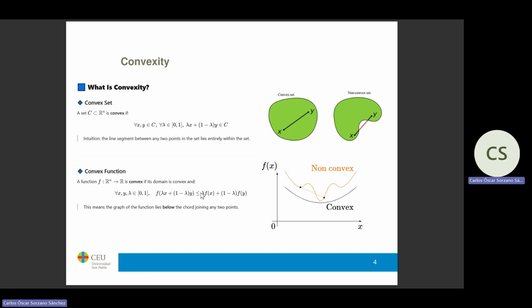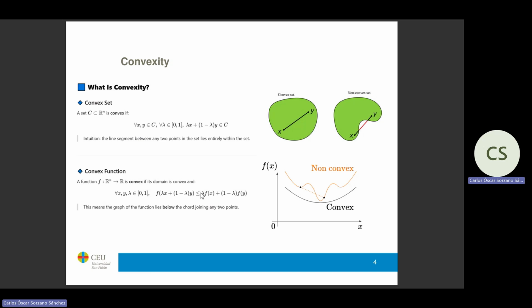And then we can also define a convex function. So we have a function, and you say it is convex if this condition is fulfilled. For any point in the segment, you evaluate the function, and the function is always smaller or equal to this thing. And this thing is a segment between the image of f at x and the image of f at y. So for instance, here you have a convex function. Here you have a non-convex function.